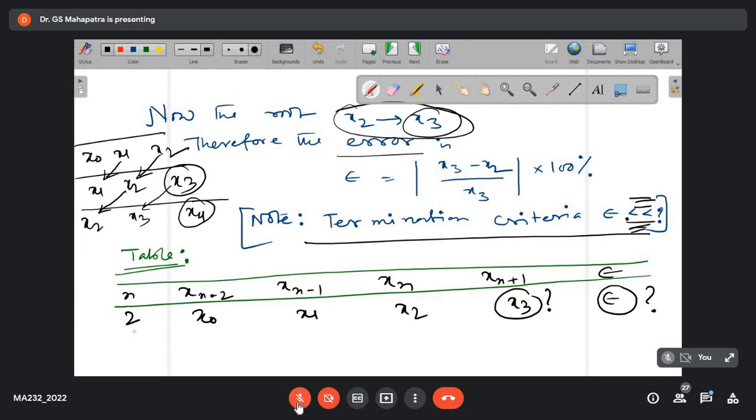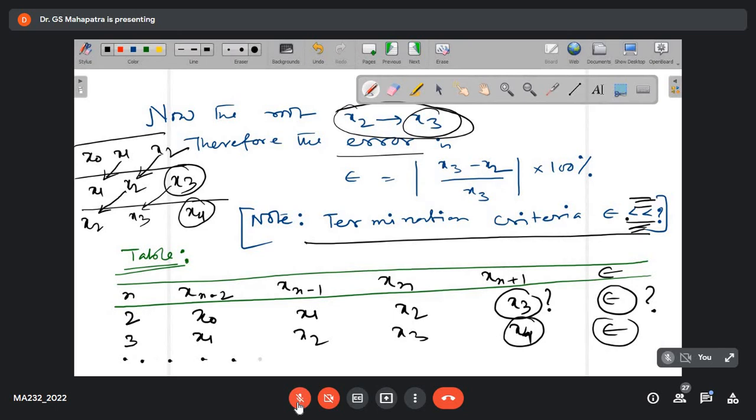So now n equals 3, that means next iteration. What should be here? You just check x3, n equals 3 means x1, x2, x3. You have to find x4 and epsilon. So in this way you have to proceed.